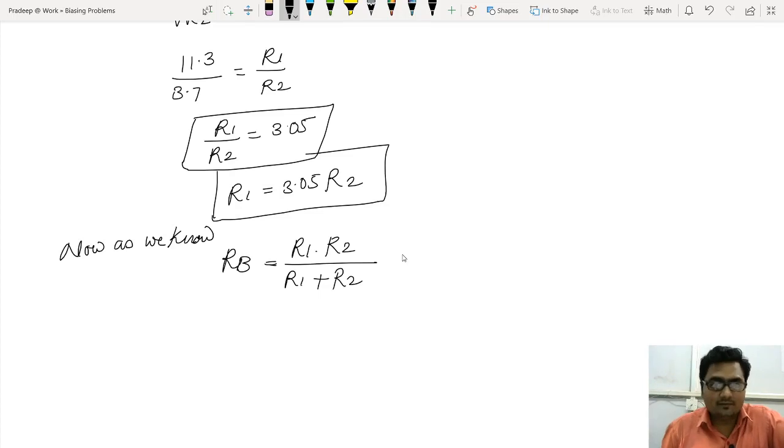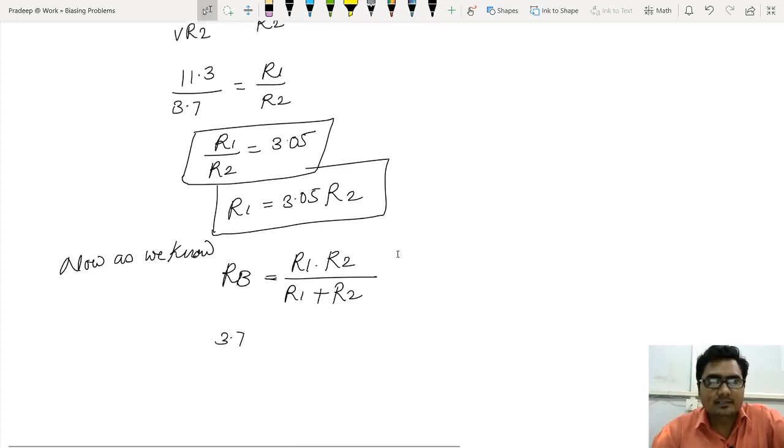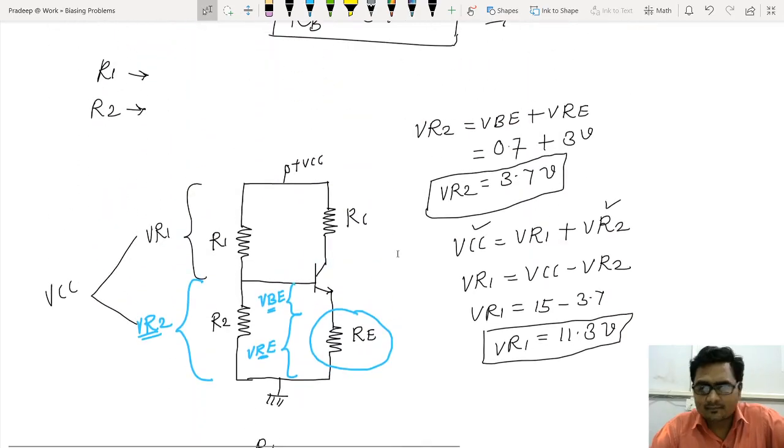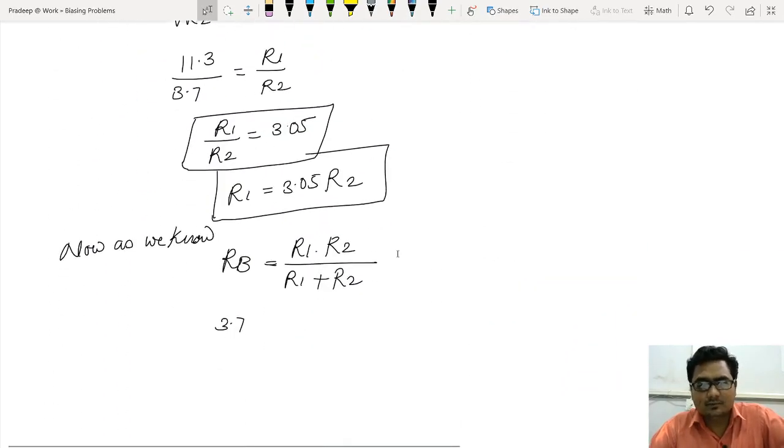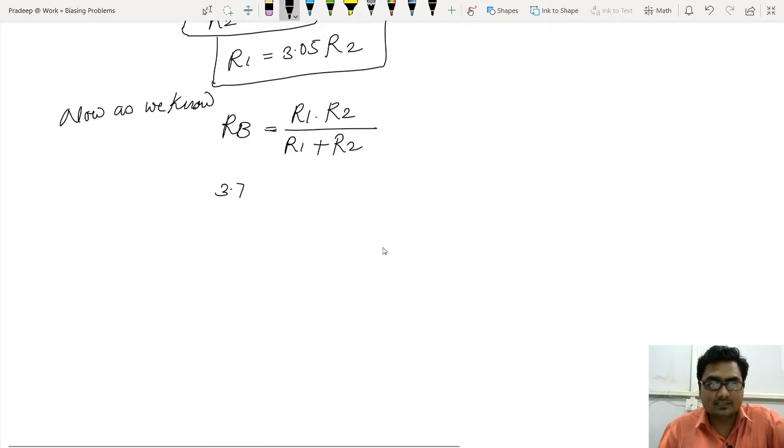And the value of RB we have already calculated. Let me check whether it is 3.7. Value of RB, yes, it is 3.7 K, meaning 3.7 multiplied by 10 raised to 3.